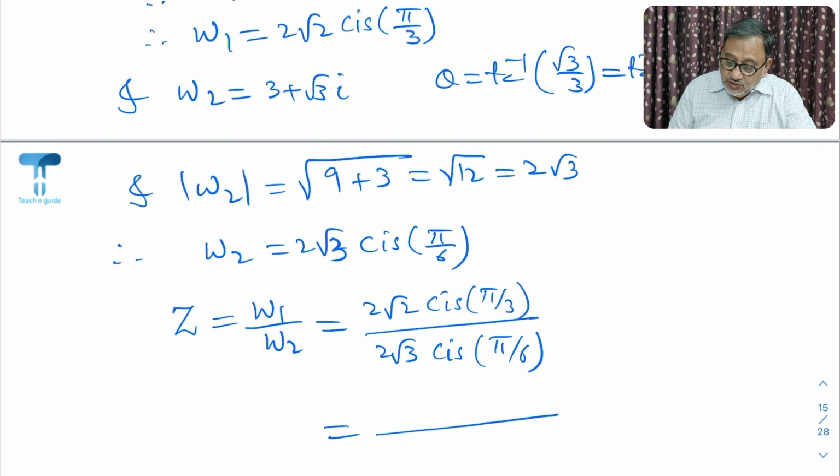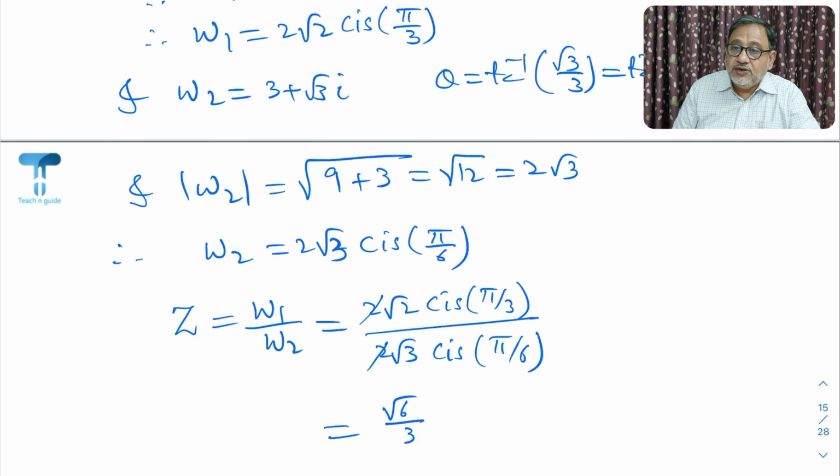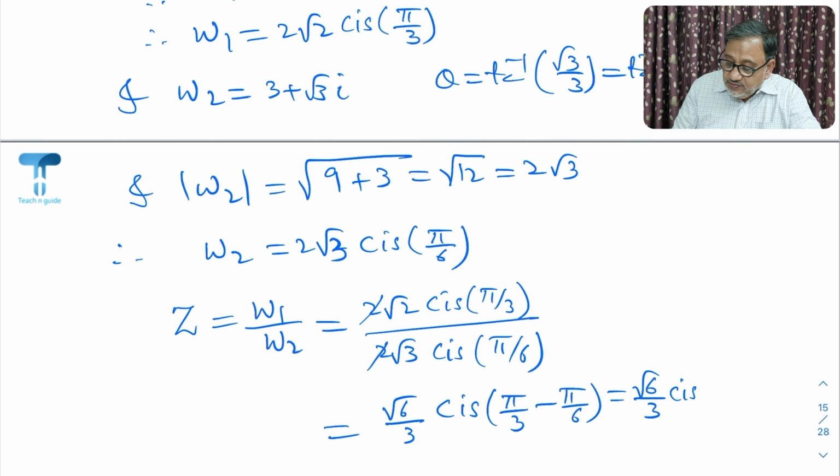So root 2 and root 2 will cancel. Now root 2 by root 3, I will rationalize the denominator by multiplying by root 3. So it will be root 6 by 3, right? And the arguments will get subtracted, the upper minus the denominator, pi by 6. So the final answer is root 6 by 3 cis pi by 6, right?